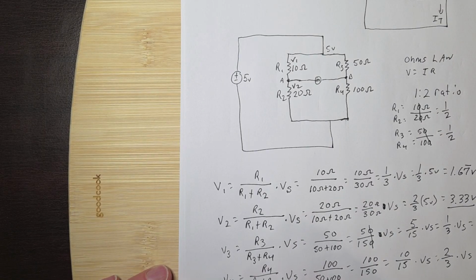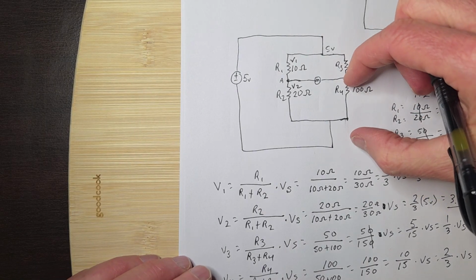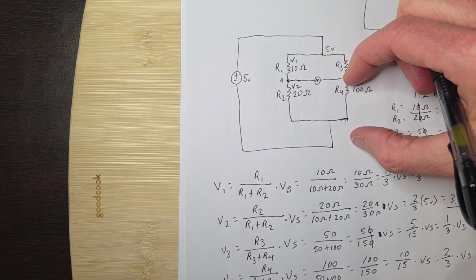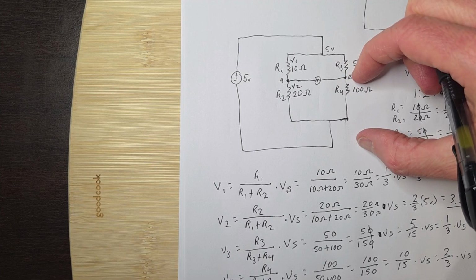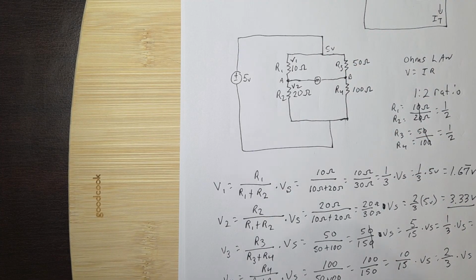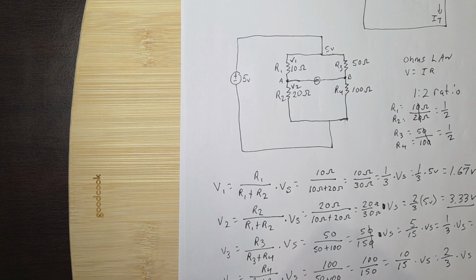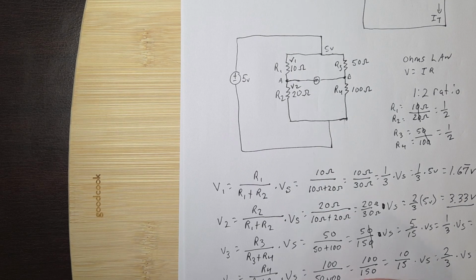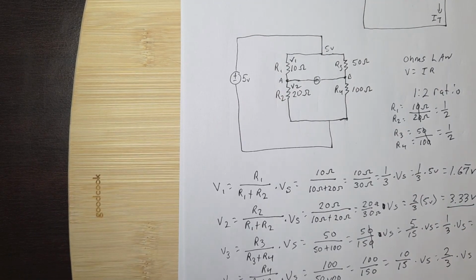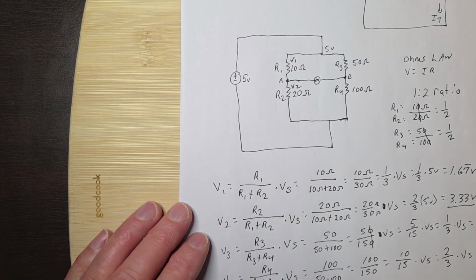And VB, if you measured here, is equal to the voltage across R4, so that's V4, which is 3.33 volts. So now we know that VA minus VB is equal to 0 volts. So this bridge is balanced. Very, very powerful indeed.